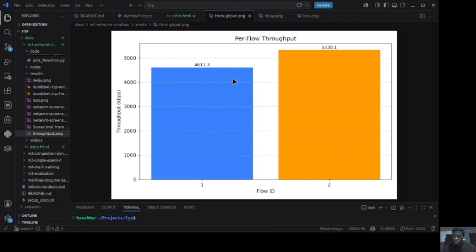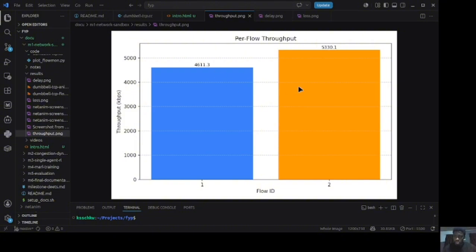Here I have the throughputs. Flow 1 is Reno, flow 2 is Cubic. Flow 1, Reno, got about 4611.3 kilobits per second. Flow 2, Cubic, got exactly 5330.1.